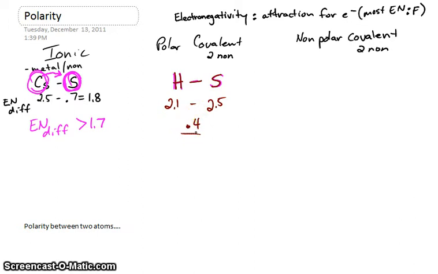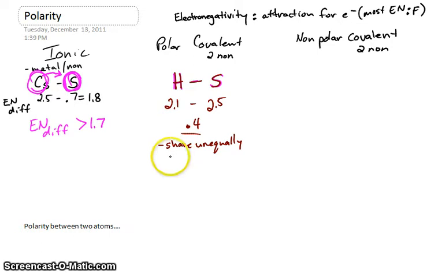So in this situation, the difference in electronegativity is not big enough for that sulfur to completely rip off an electron from hydrogen. So what do they do? Well, they end up sharing the electrons unequally because there's not enough of a difference to have the electron completely transfer. That's a great thing to write down right here. In the polar covalent, somebody's winning, but it's not a big enough difference to transfer the electron.